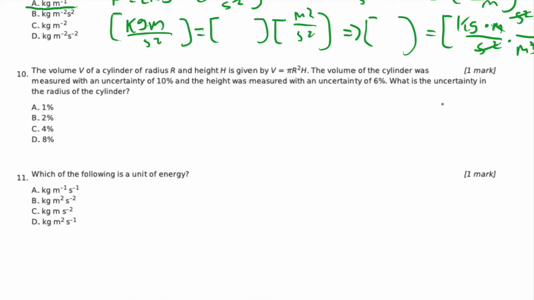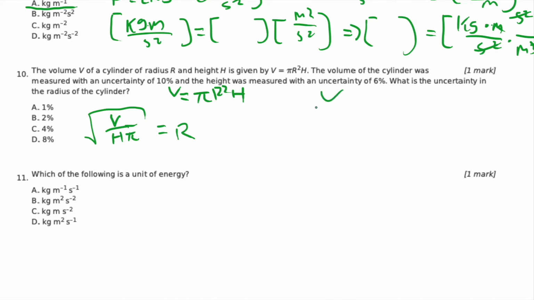So you want to calculate r, right? And we know the formula: volume is equal to pi r squared times h. So V over h, divided by pi on both sides, and take the square root, must be equal to r.